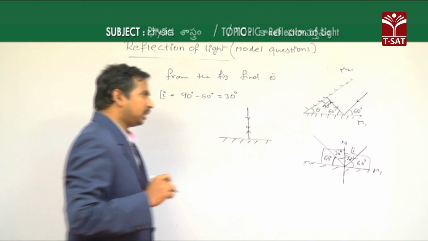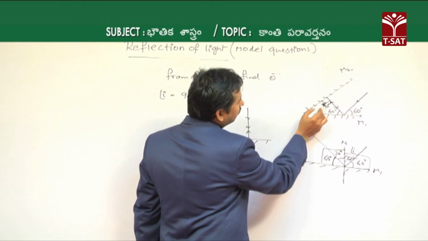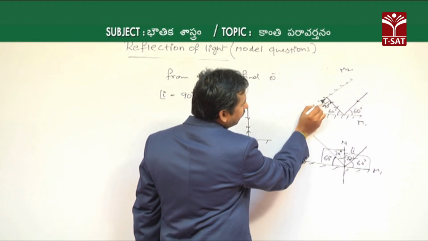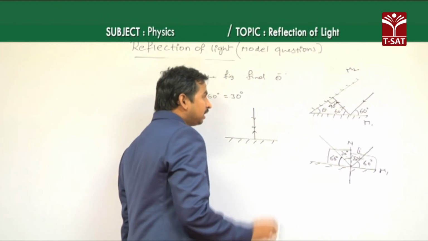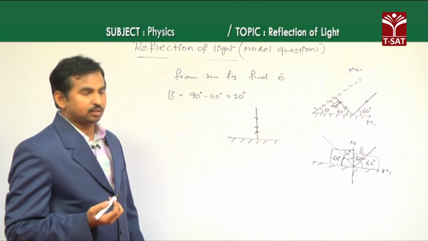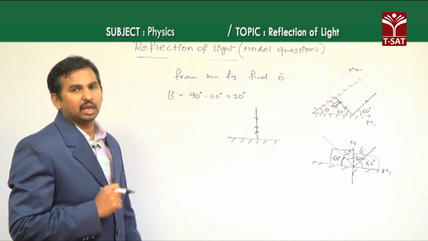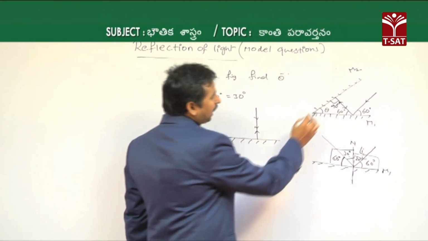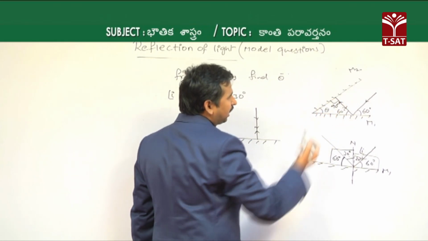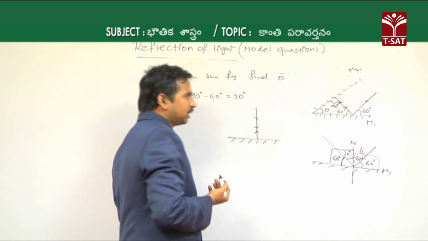Using that condition for mirror M2, the incident ray is coming along the normal for our second plane mirror. So the angle between the second plane mirror and this incident ray becomes 90 degrees.